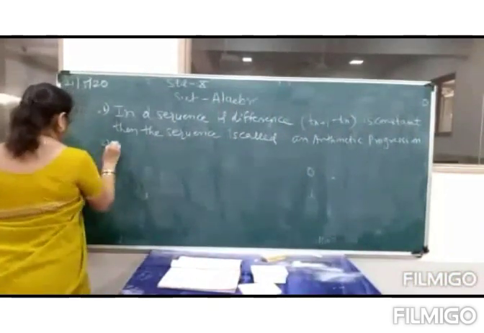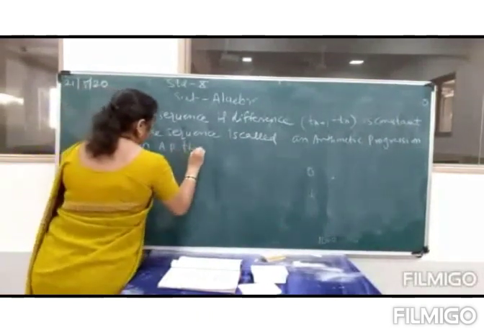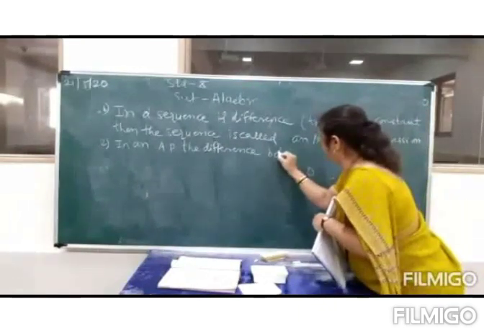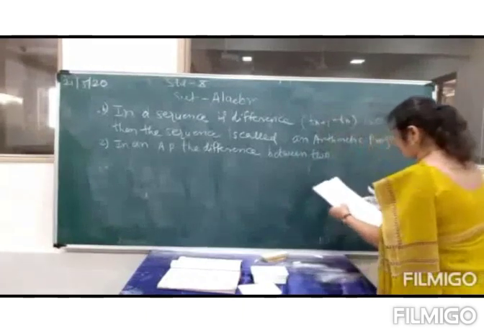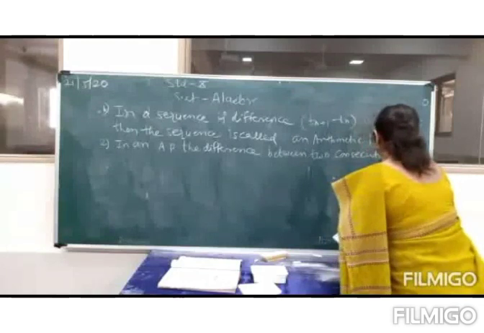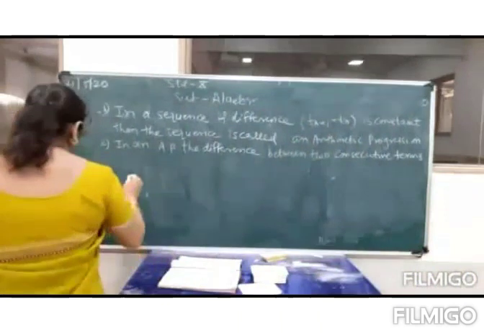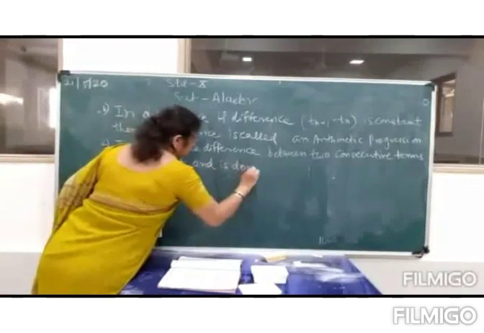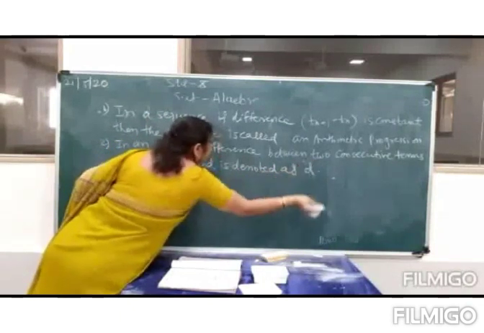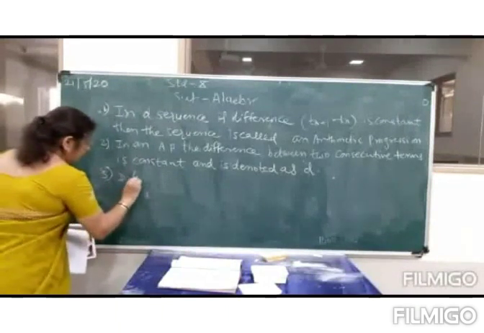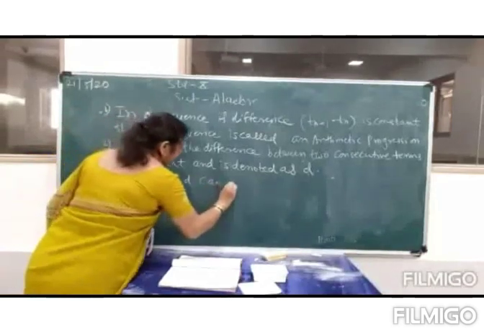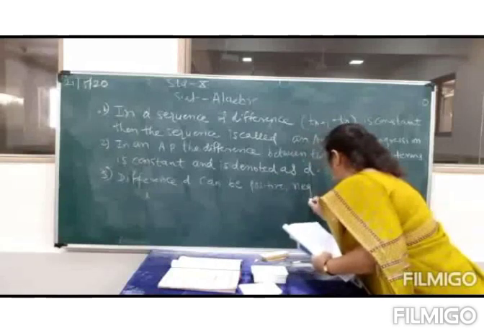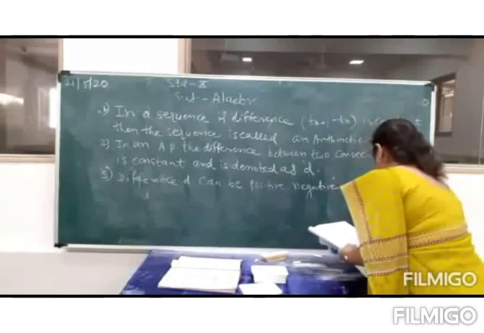Second, in an AP, the difference between two consecutive terms is constant and is denoted as D. Third point, difference D can be positive, negative or 0.